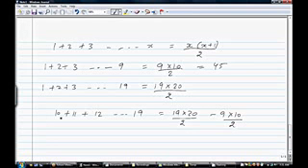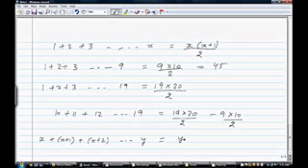So this can also become a general formula. For example, if I have x plus 1 plus x plus 2 and it goes to y, then all I have to do is first add numbers from 1 to y.